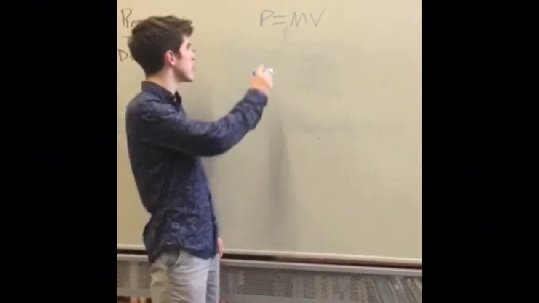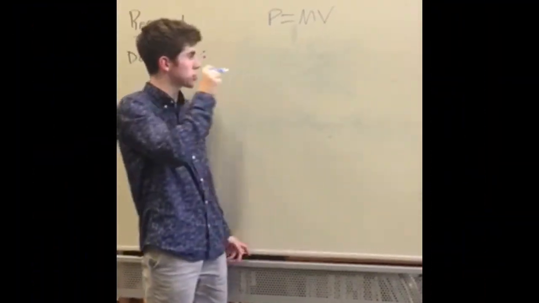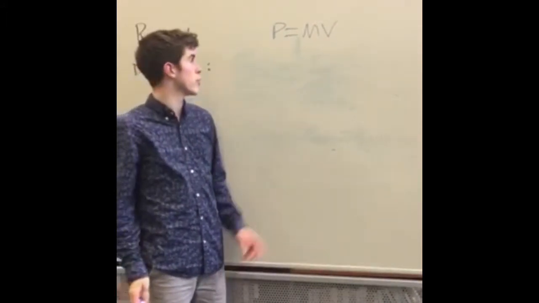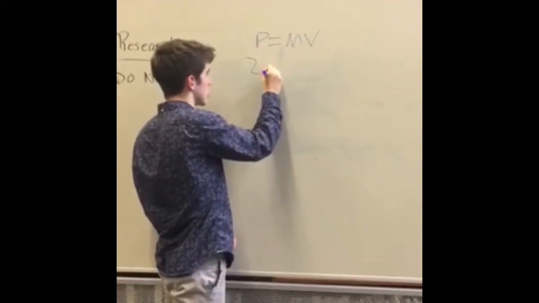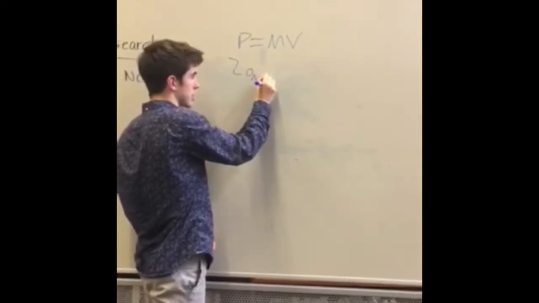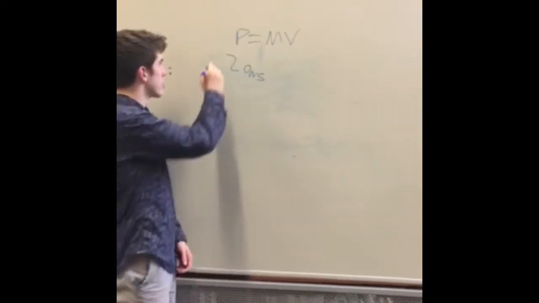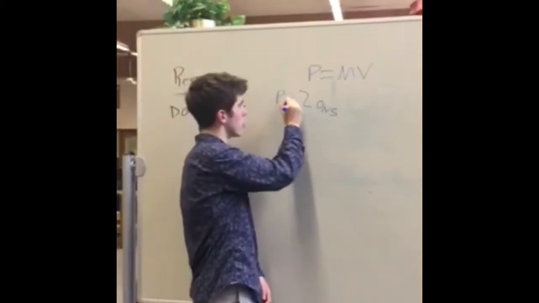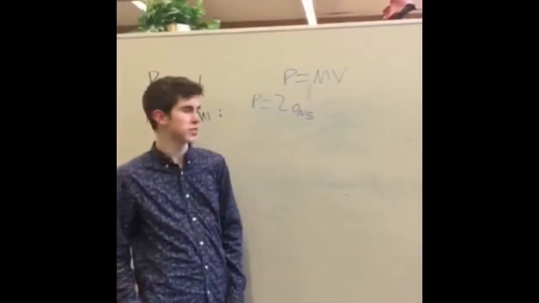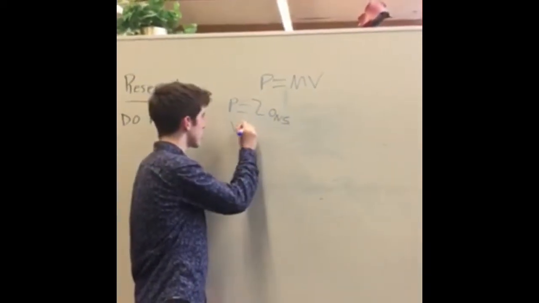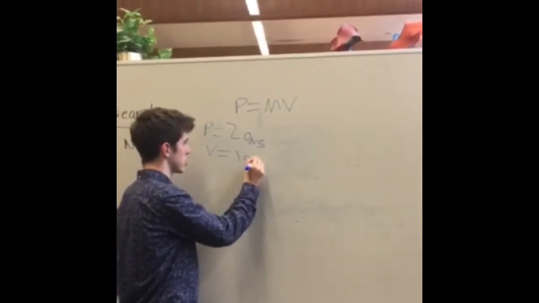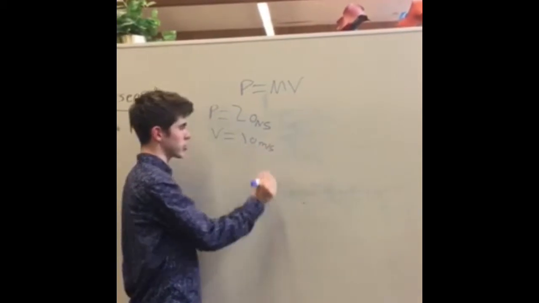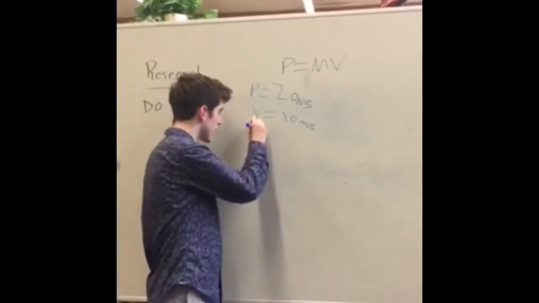For our final example, we'll be using the same formula, P equals mv, and we have the momentum, which is 20 Newton seconds, and we have the velocity, which is 10 meters per second, and we're trying to find the mass.